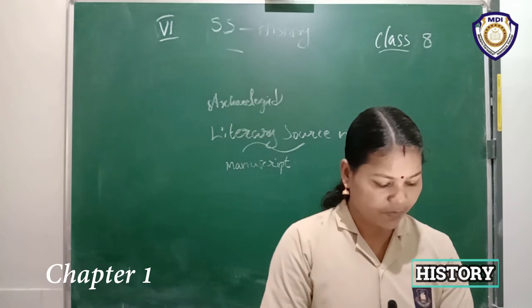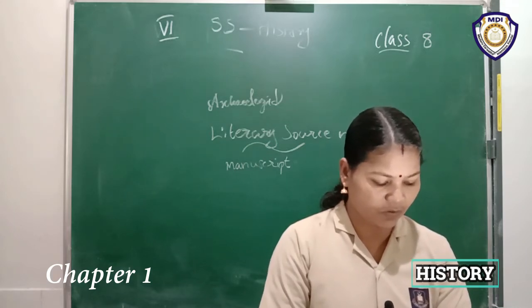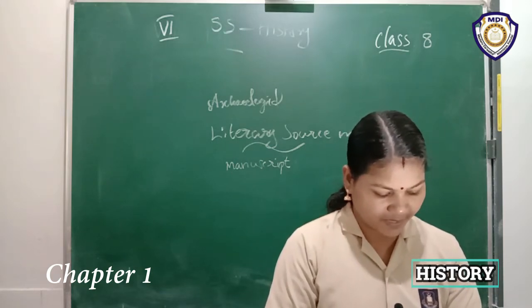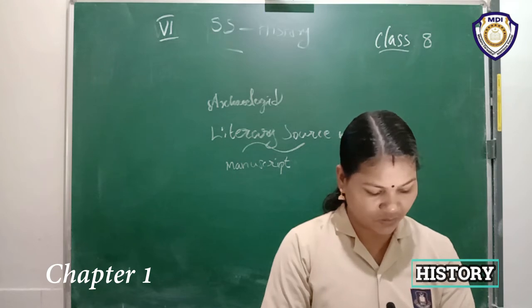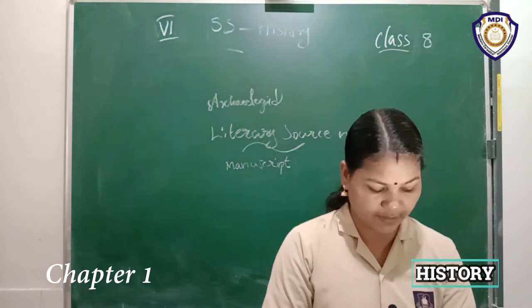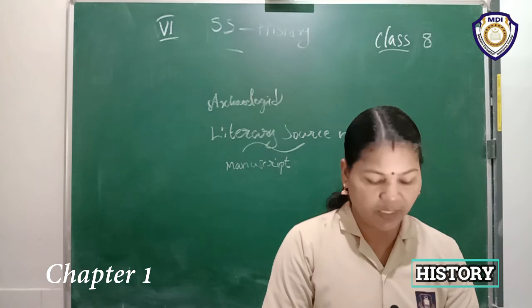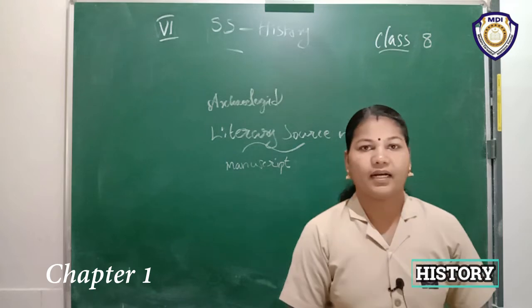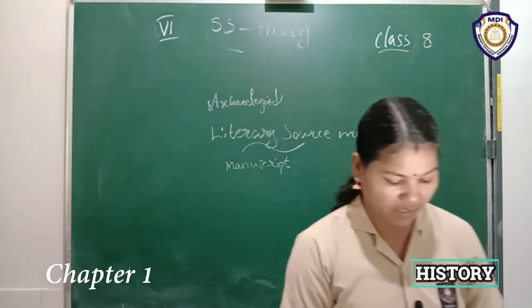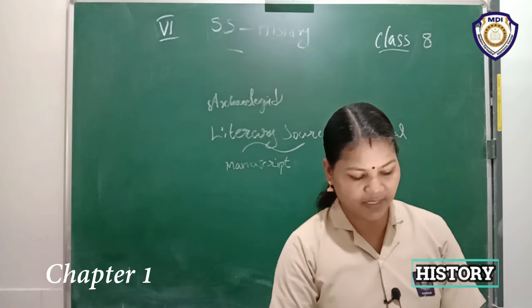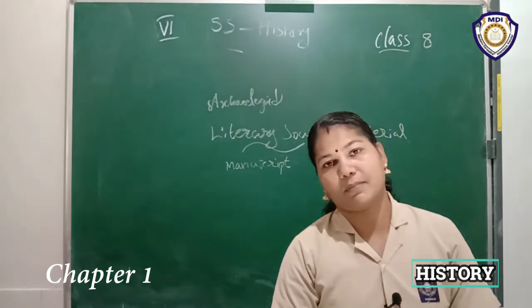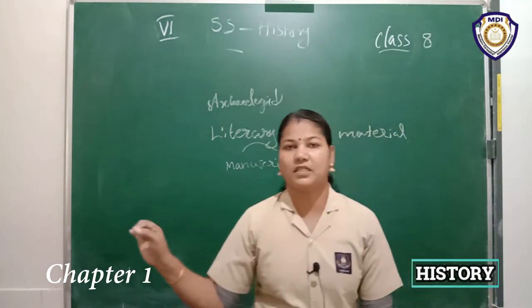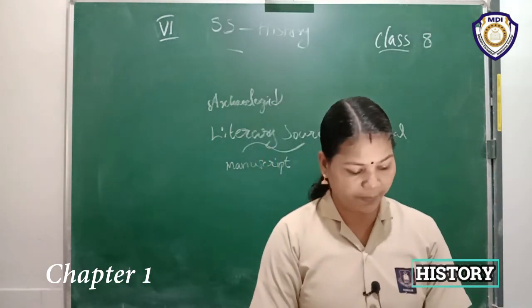In ancient India, before paper came into use, manuscripts were written on materials such as Bhojpatra, that is the birch bark, and palm leaves. They were written on tree bark or palm leaves, because there was no paper.